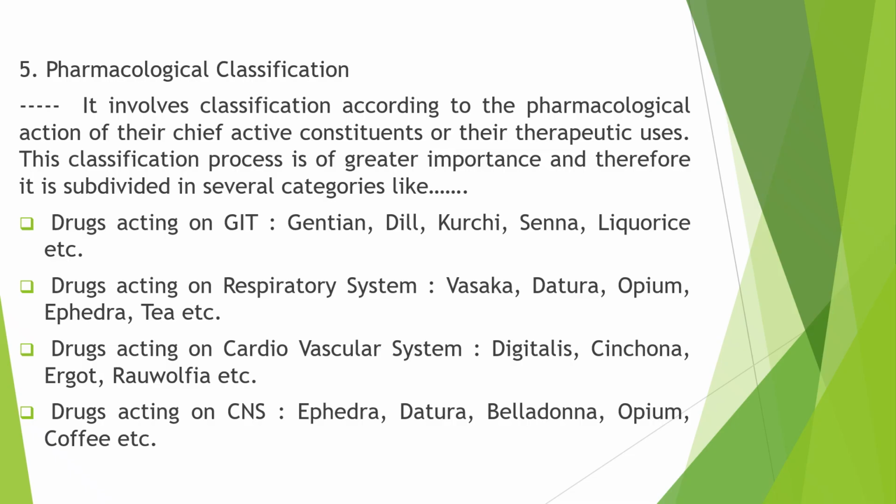Thus, cascara, castor oil, senna, jalap, colocynth are grouped together as purgatives or laxatives because of their common pharmacological action. Similarly, gentian, cinchona, nux vomica, swertia are grouped under bitters.